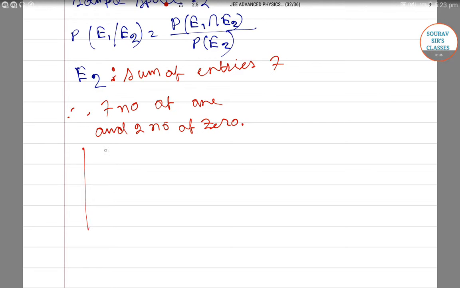It can be written as a matrix: 1 1 1 in the first row, 1 1 1 in the second row, and a single 1 and 2 zeros in the third row.